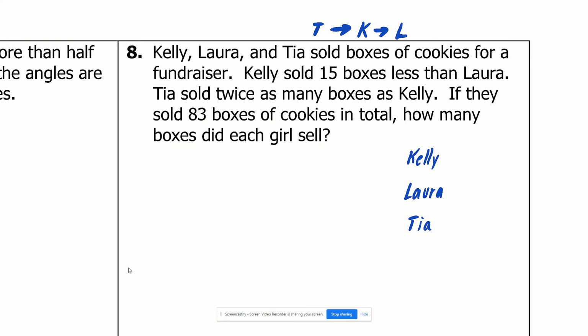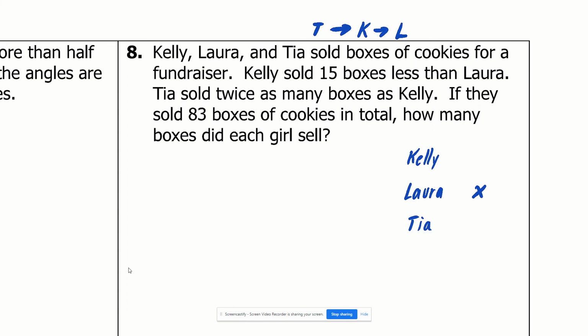Who is everybody being compared to? Laura. So what does that mean about Laura, guys? Laura is X. Y'all understand that? Laura is X. Okay? She's the one everybody else is being compared to. She's X.